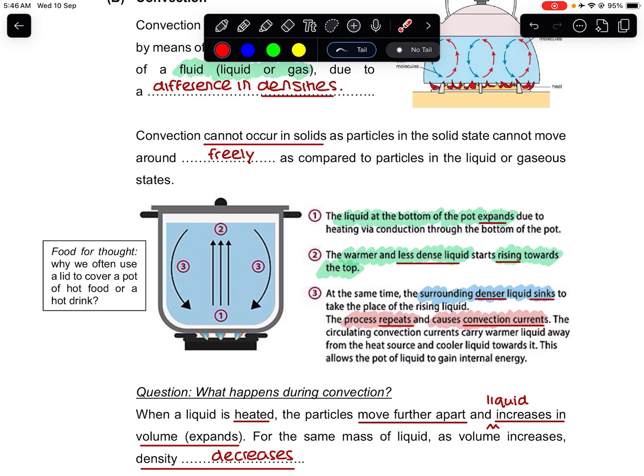So do take note that when we talk about thermal transfer methods within a solid, you will not expect to see convection at all.